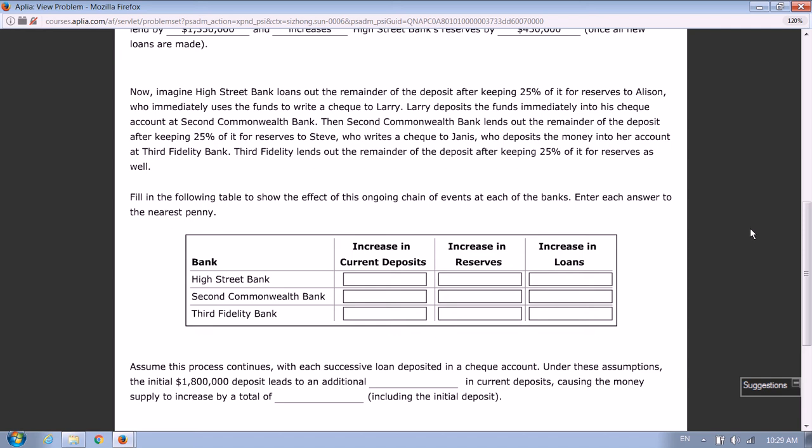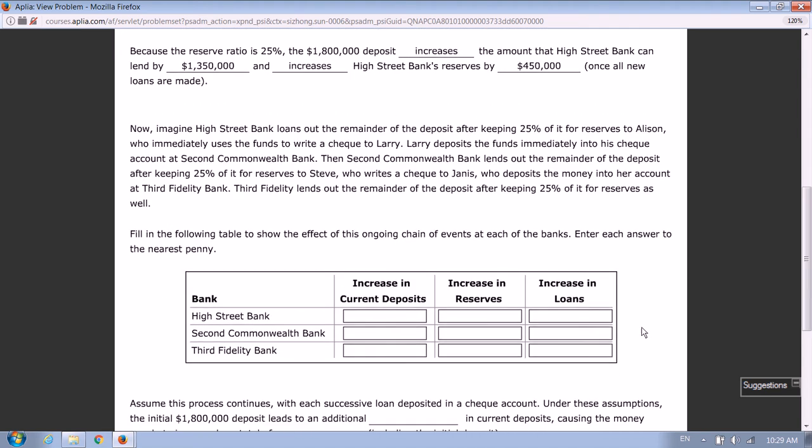Fill in the following tables to show the effect of this ongoing chain of events at each of the banks. Enter each answer to the nearest penny. So High Street Bank: increase in deposits, 1.8 million.